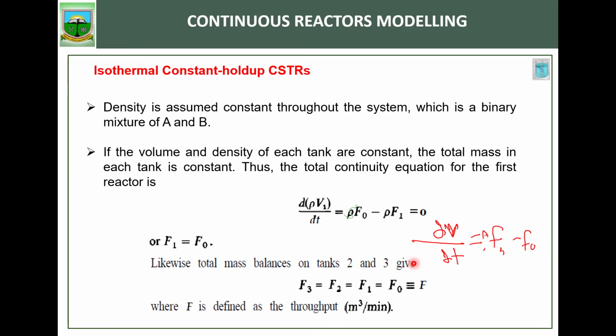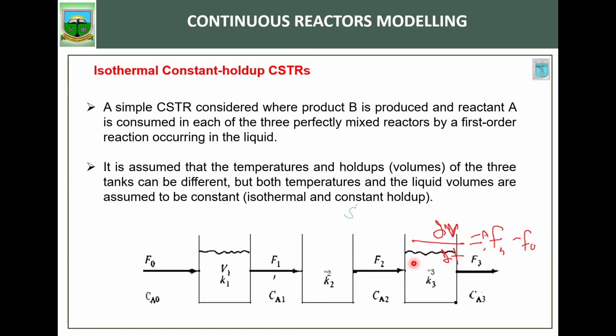Now, whatever is coming in here is the same thing that is coming out here. So Fo will be equal to F1. Because the volume is the same, for the second reactor the input is F1 and the output is F2.